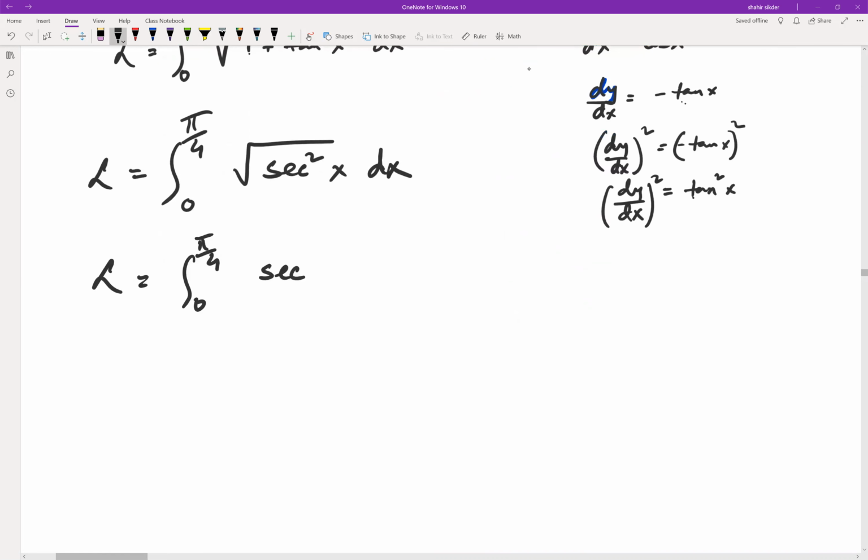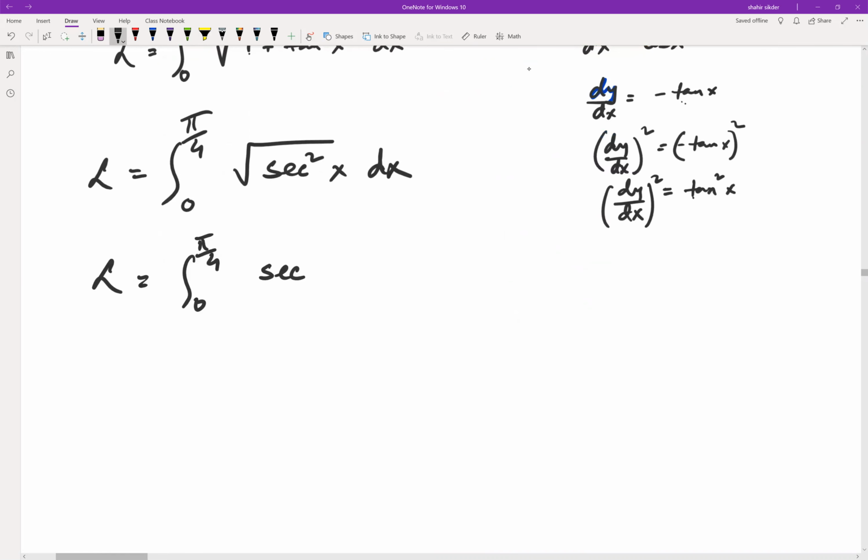And the integral of secant x, if you recall from your Calc 1, is natural log of secant x plus tangent x evaluated from 0 through pi fourths.